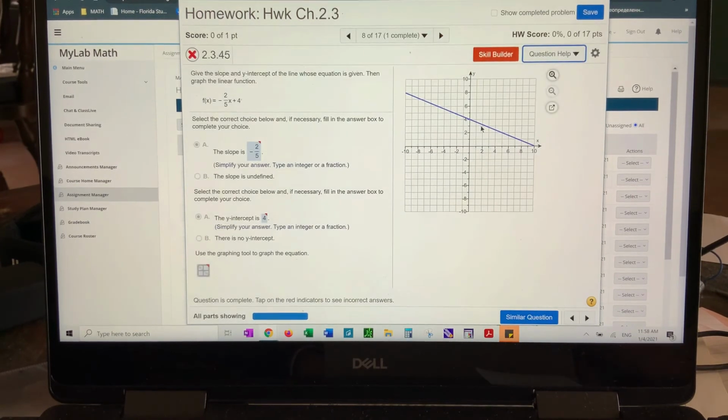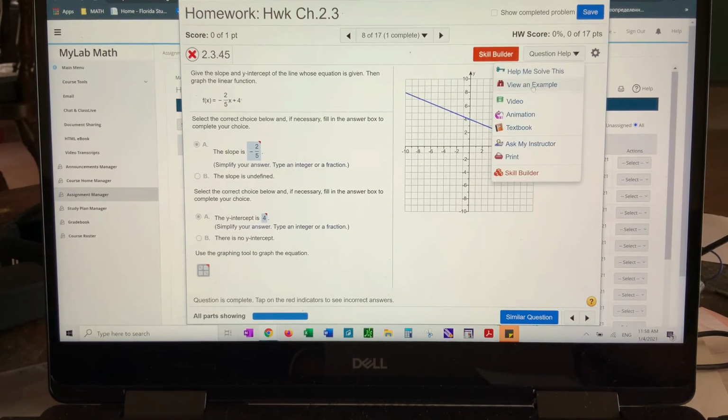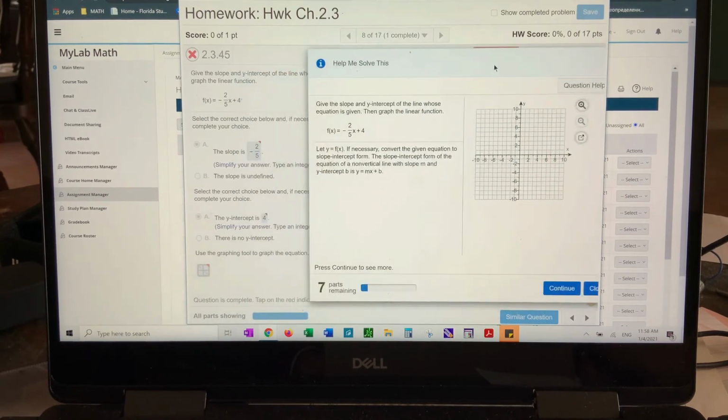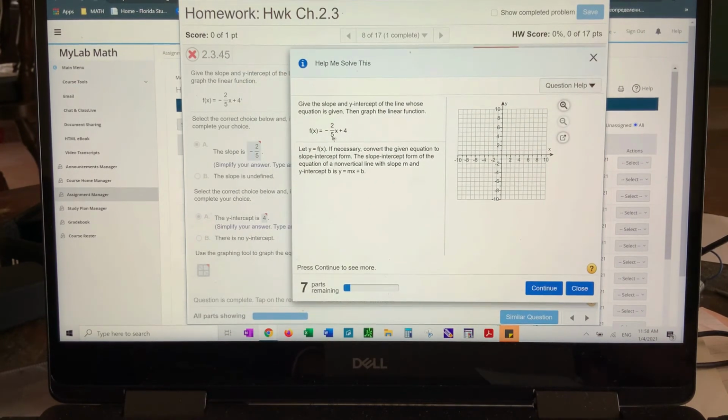Okay, you are done. Still, for some reason, you are making some mistake and you can't figure out what it is. In that case, you click on help me solve this. Then it will take your problem, see here, -2 over 5x plus 4, and it will make you go step by step.